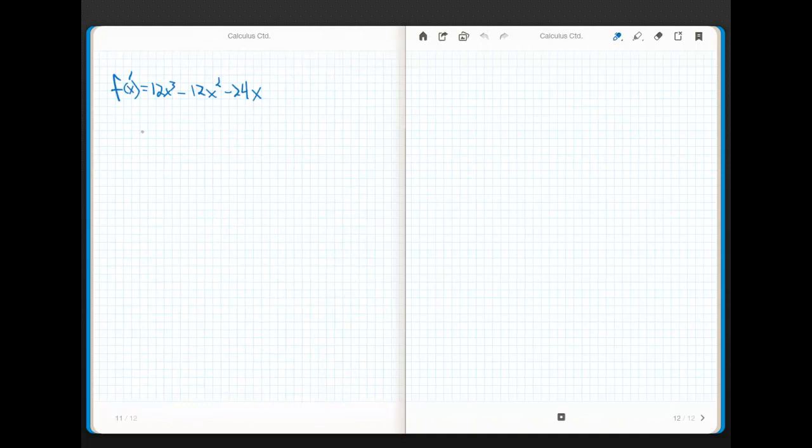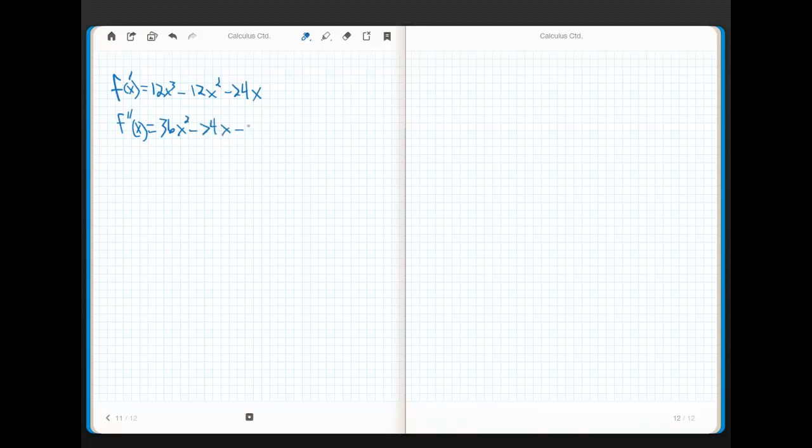Perfect. Okay. Now, remember, keep your eye on the prize. I'm looking for concavity and inflection points. Well, that's easy, right? Take a second derivative. That's what the second derivative is built for, to tell us about things like concavity and inflection points. So I get 36x squared minus 24x minus 24. What do I do?